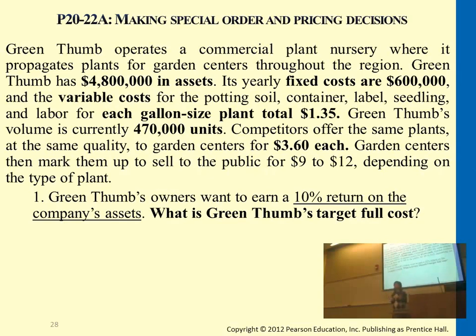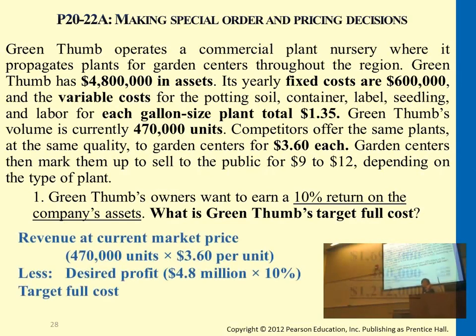Because if competitors are able to provide exactly the same product, it's just a matter of different suppliers, different vendors, then usually you can't move too far away from $3.60. So to determine the target cost here, we start from understanding the target retail price, move backwards, minus the desired profit to get the target cost for this company.